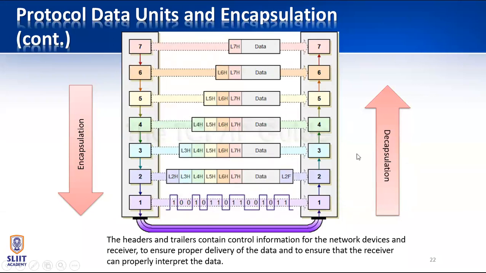So that process is known as decapsulation. The headers and trailers contain control information for the network devices and receiver to ensure proper delivery of data and to ensure that the receiver can properly interpret the data. So we are adding a lot of control information in order to have a very smooth communication process.